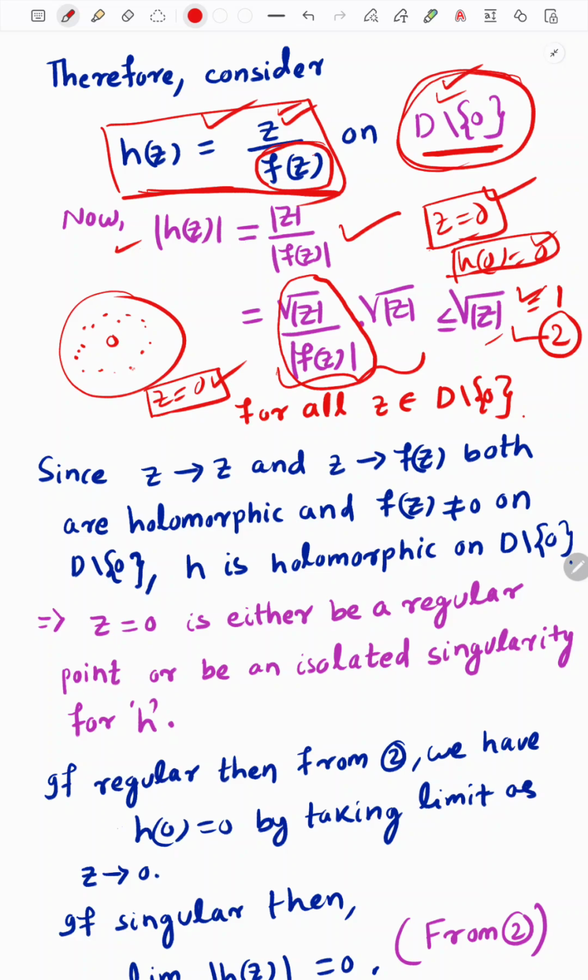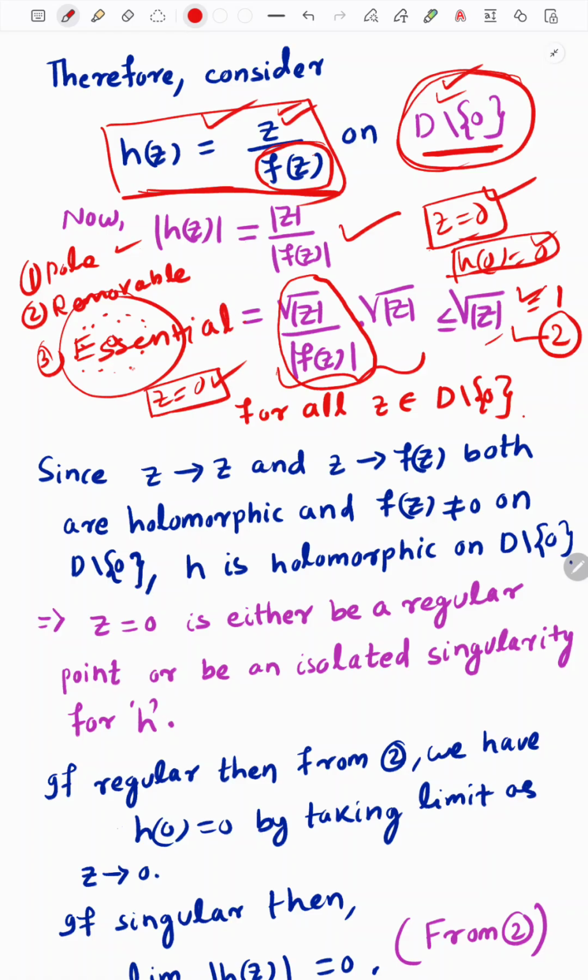If it is an isolated singularity, it can be a pole, it can be removable, and the third one is essential.